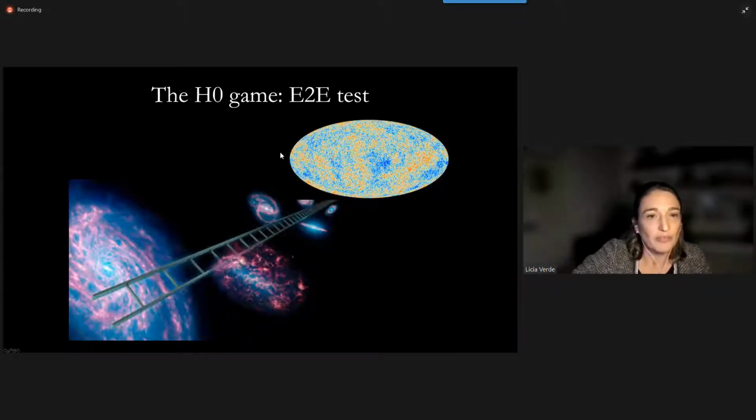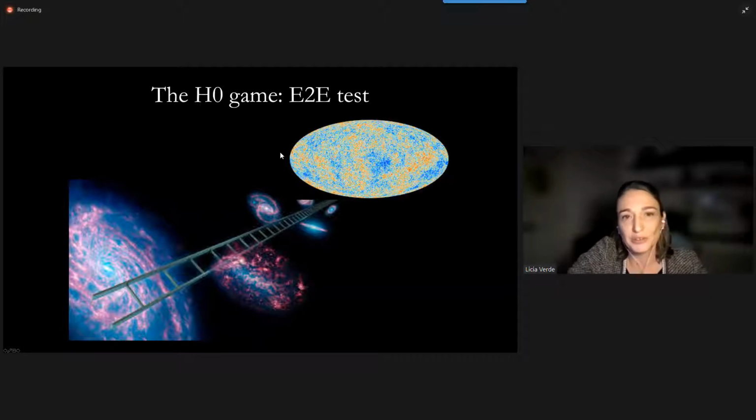One important development, and that's why measuring H0 has important consequences for cosmology, is that the traditional cosmic distance ladder has been scaled and can be extended now all the way to the cosmic microwave background and back.